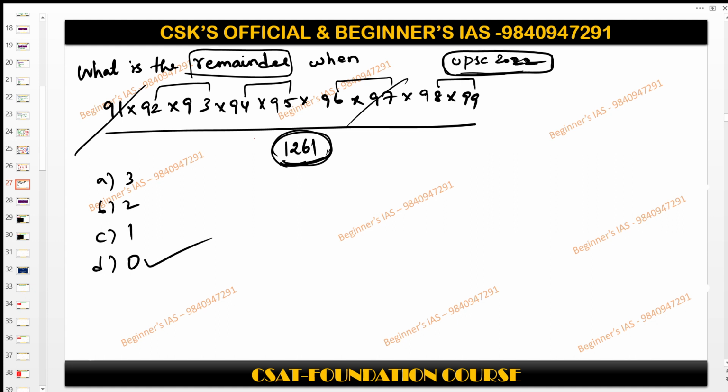That question, wait. If I am having that question, I will show you now. Just give me a minute. I think that question was there. I don't know whether I'm having it or not. Wait a minute. CSAT, right? 2021, no, not 2020.